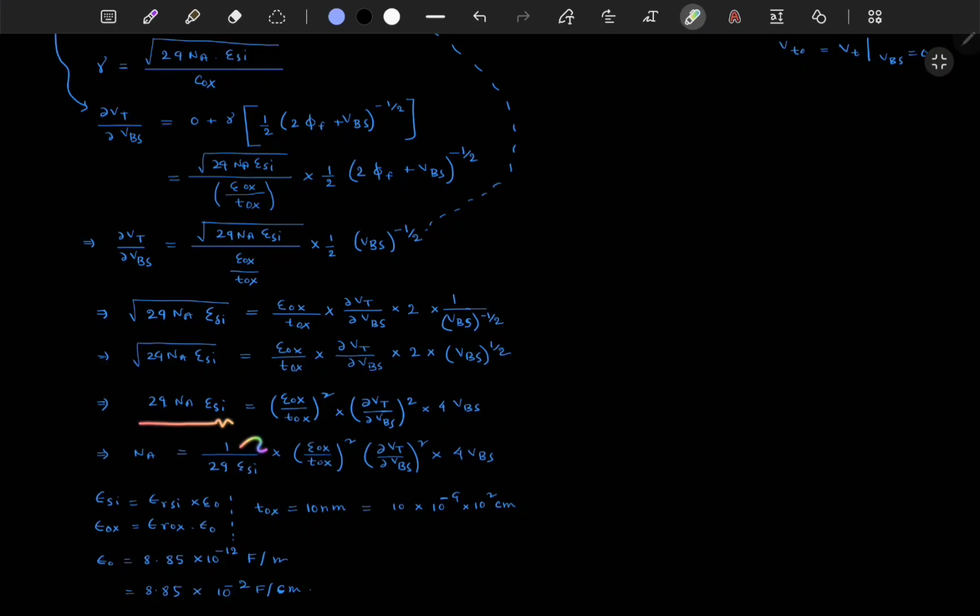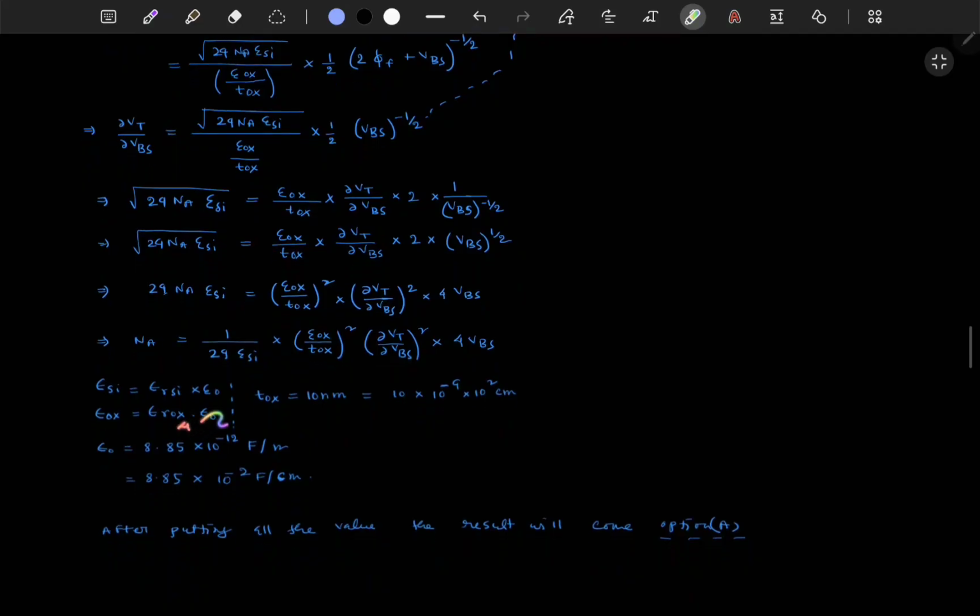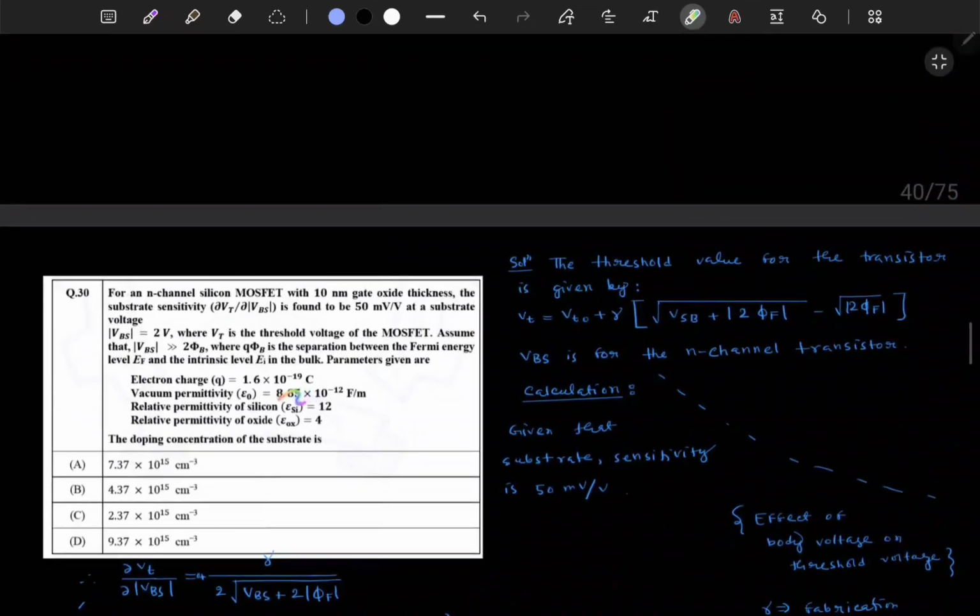Now this will come like this. Now the N_A value will come as this one. Now all the values we know here. Okay, here epsilon_ox will be epsilon_r into epsilon_0. Epsilon_ox is given as 4, so 4 into this epsilon_0 value will be there.